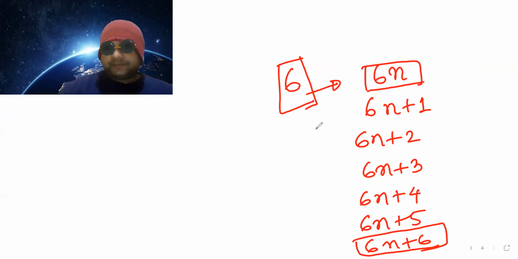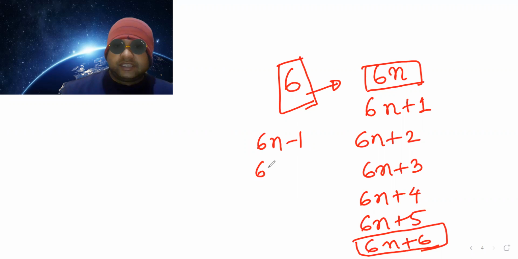Now, what about the numbers before 6n? Those numbers we can write as 6n minus 1, just before this, then 6n minus 2, 6n minus 3, 6n minus 4, 6n minus 5.